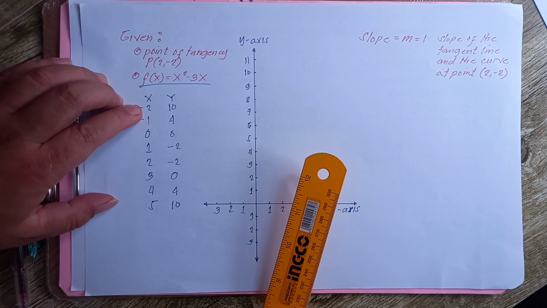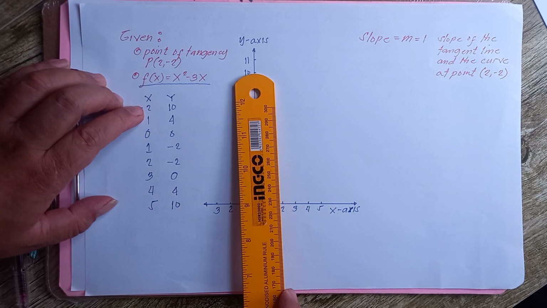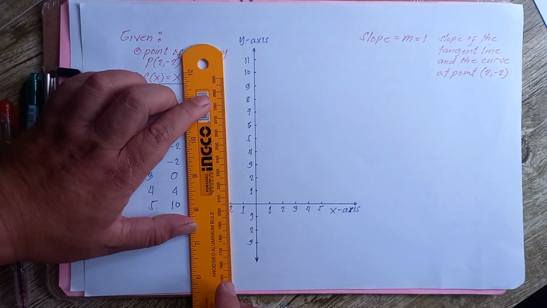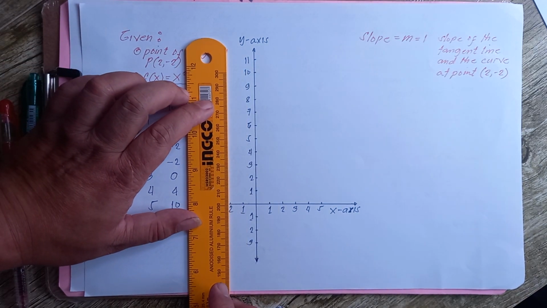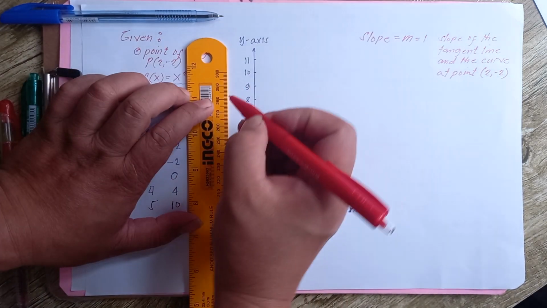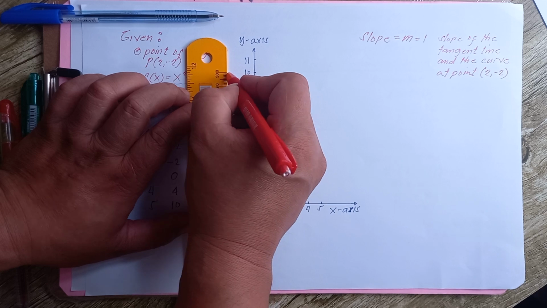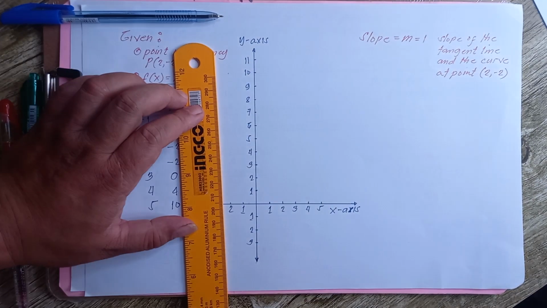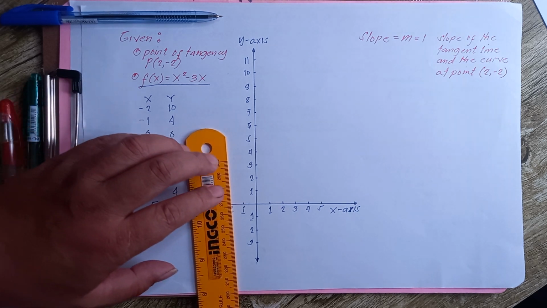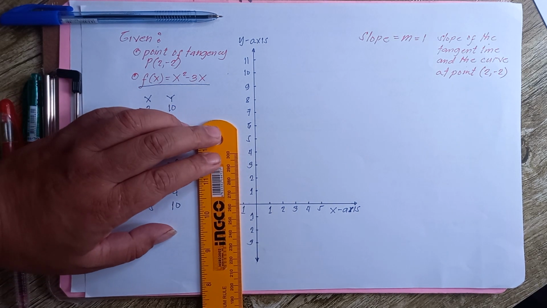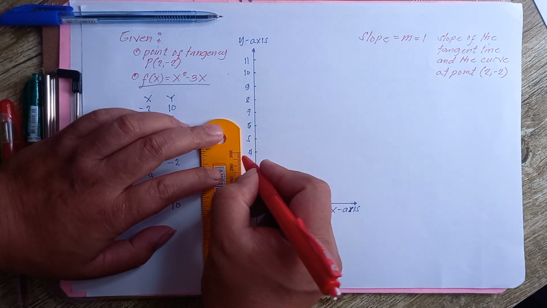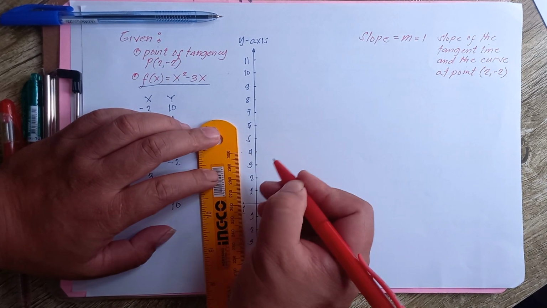So if I have -2, my y is +10. So allow me to make use of this one, -2. Now my point is located in here. If I have -1, my y is +4, so I have -1 in here, and most probably the point is located in here.